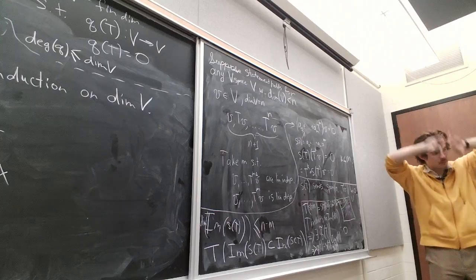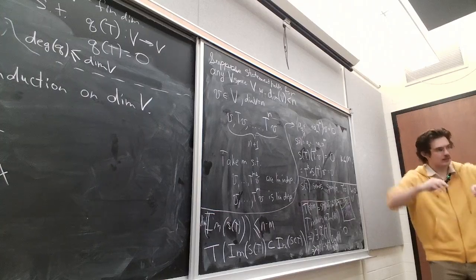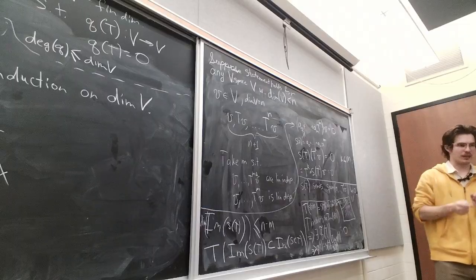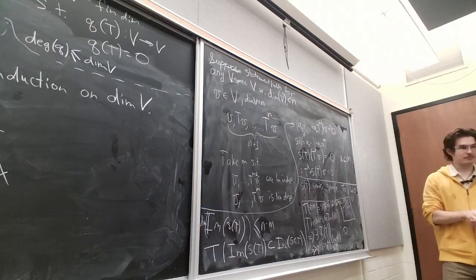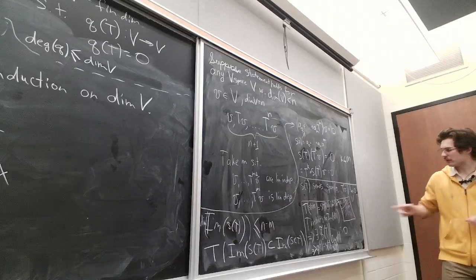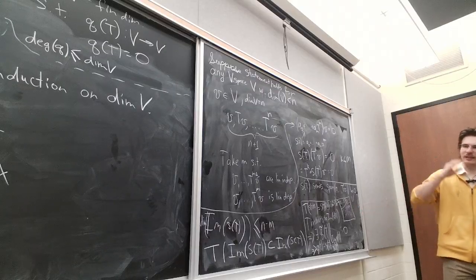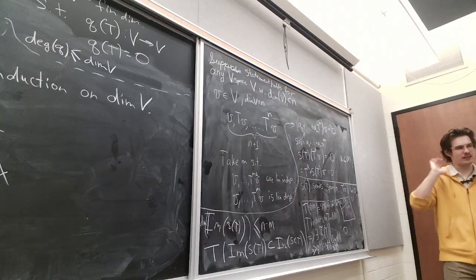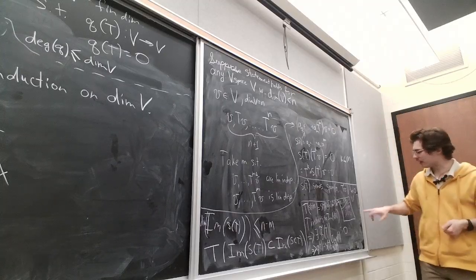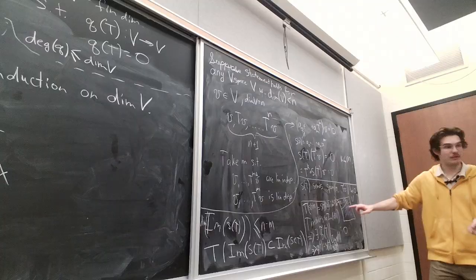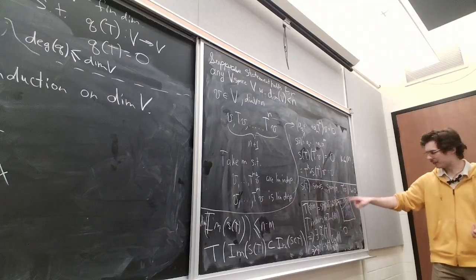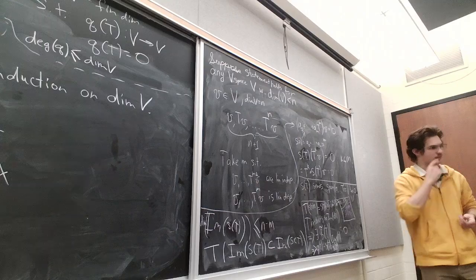I split the vector space into smaller parts, proved it for each of the individual parts, and then put it back together. The careful thing here was once again that putting it back together is not always a simple step, because in this case our operator didn't necessarily restrict onto this n minus m part. I needed to find a smarter vector space to do this.